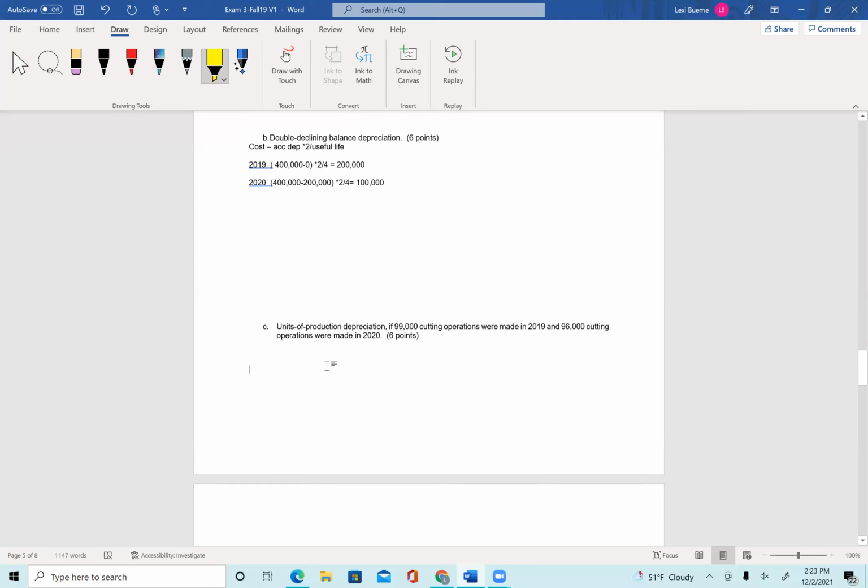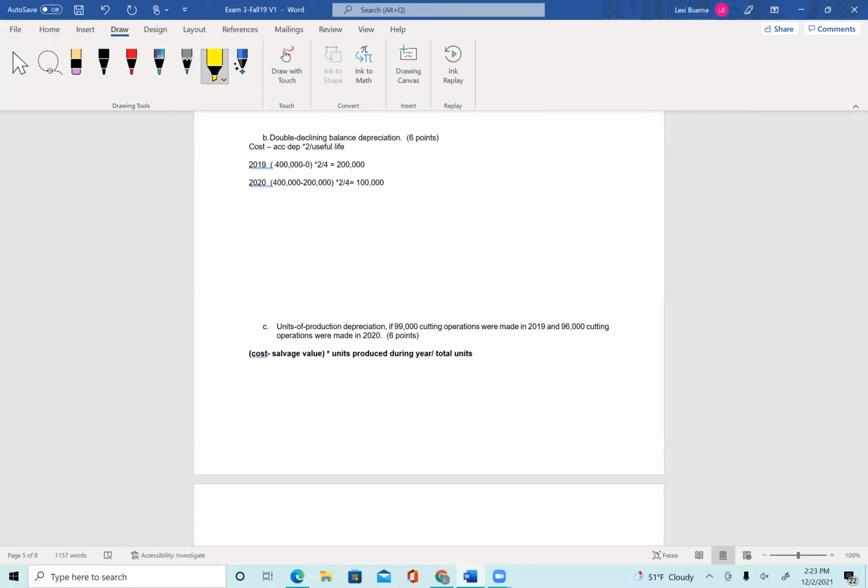Units of production method, this is cost minus salvage value. I don't know why it's bold. We're just going to go with it. Times units produced during year divided by total units.